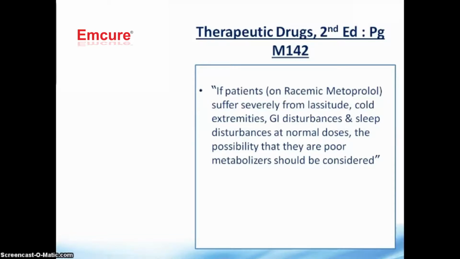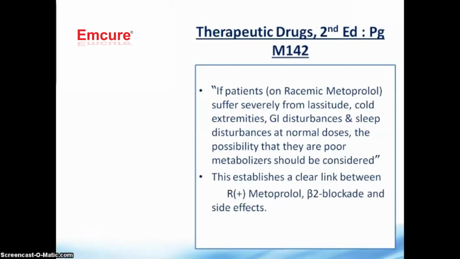So, all these side effects are probably due to the R isomer in the racemic metoprolol. This establishes a clear link between R metoprolol and its beta 2 blockade and the side effects.